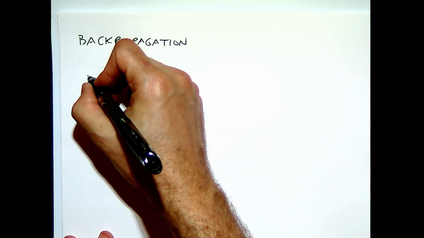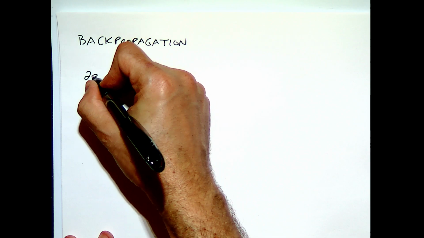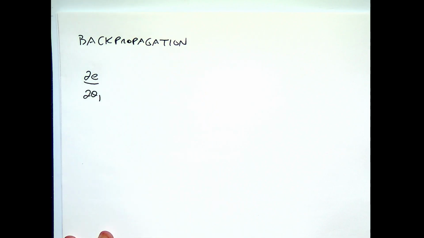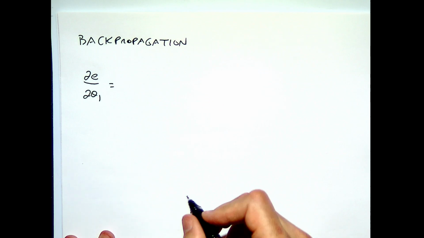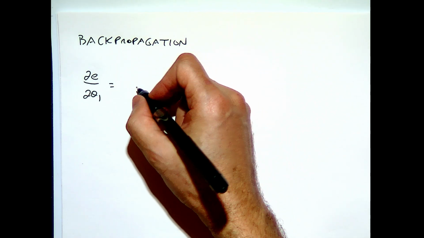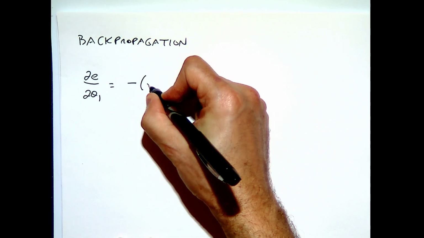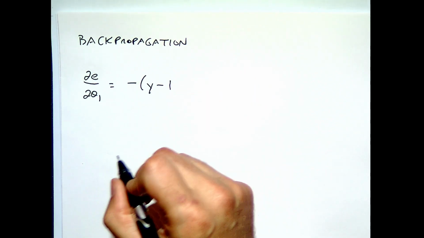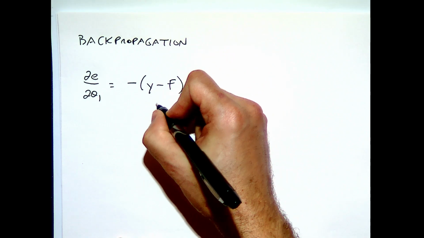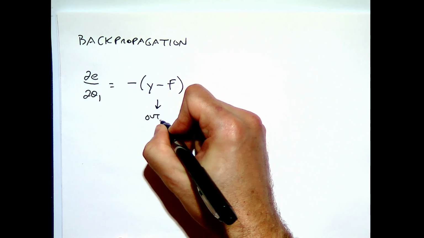So again, the idea is that if I want to compute the derivative with respect to theta 1, what I would do is I would say I have an error that comes from the output, right? This is basically the output error.